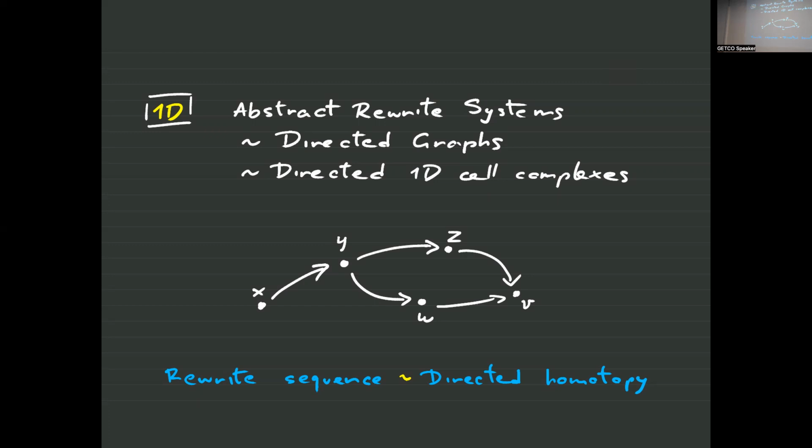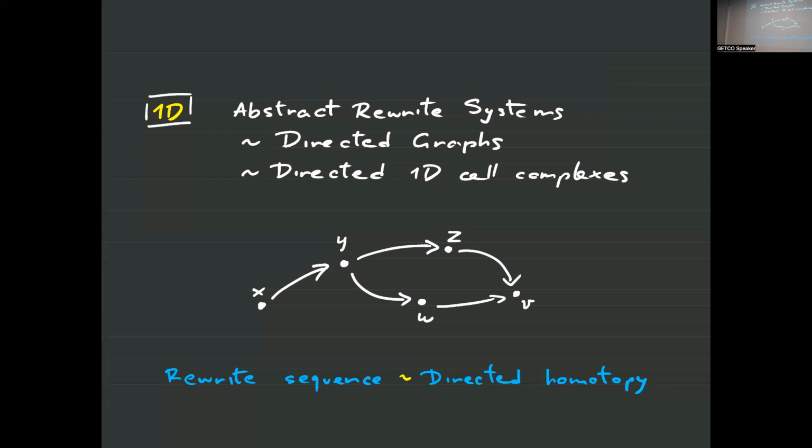And well, you can make the leap from graphs to one-dimensional CW complexes, and then a directed graph can be viewed as a directed one-dimensional cell complex. And then what we do in rewriting theory is consider paths in this graph as being a rewrite sequence, which tells us that, starting from x, we can rewrite x to y, and then we can rewrite y to z, and so on.